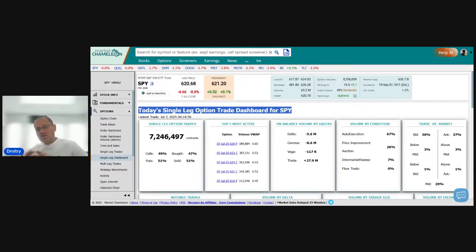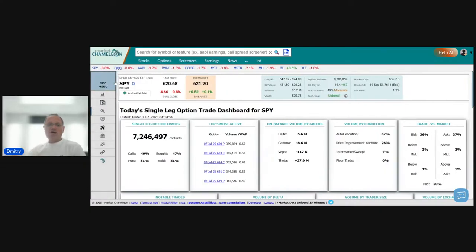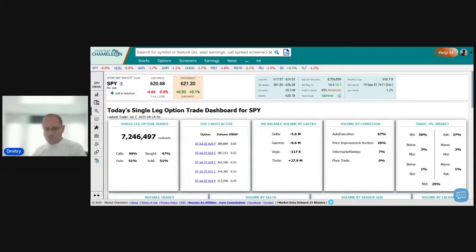It takes out all the multi-leg or contingent trades where people are entering spreads or buy-writes. Those executed orders get removed, so we concentrate on single leg trades, which are just buy or sell a call or put.